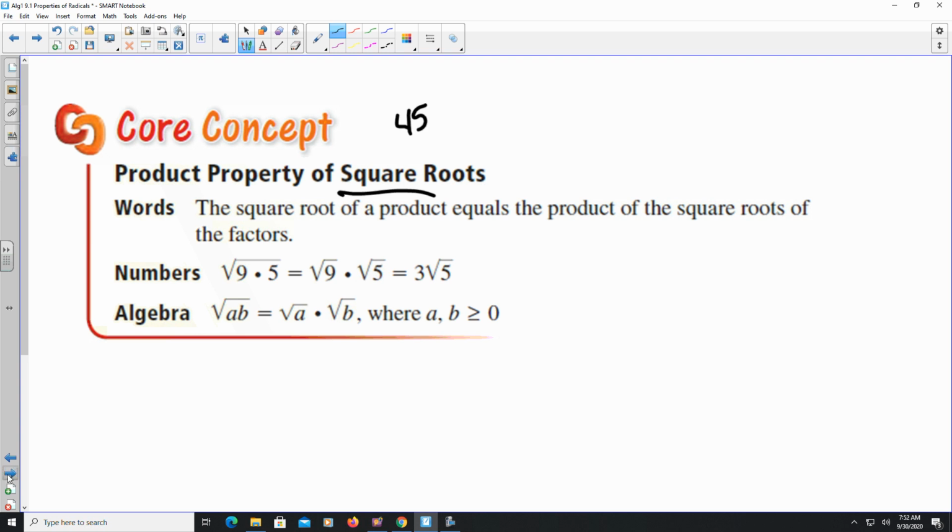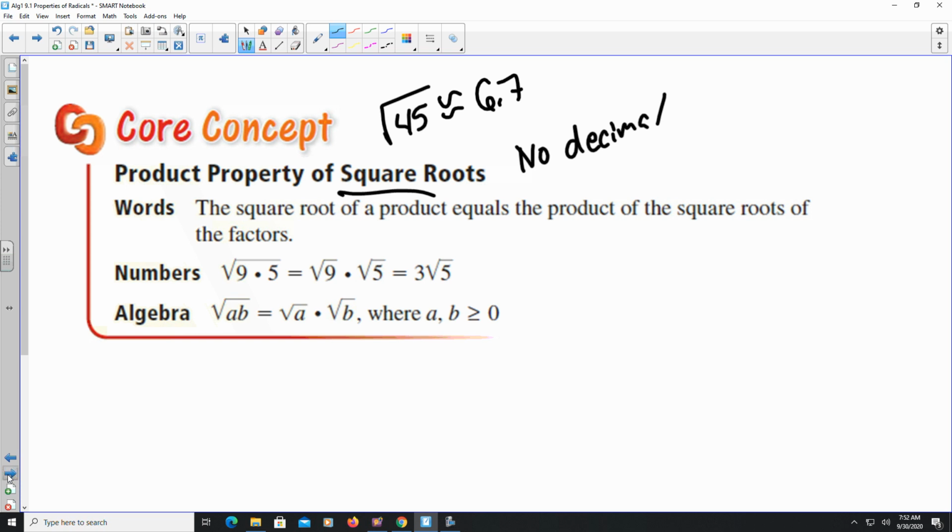So if you had the square root of 45 as a problem, if you punch that into your calculator, you get something about, in decimal form, 6.7. The problem is when you are asked to simplify, we don't want decimals because we don't want approximations, we want exact values.